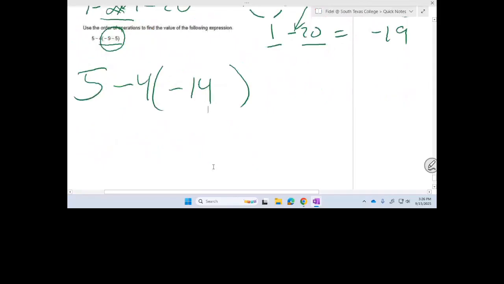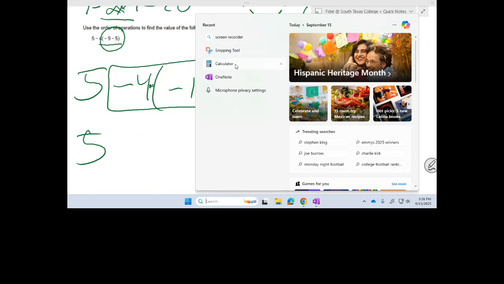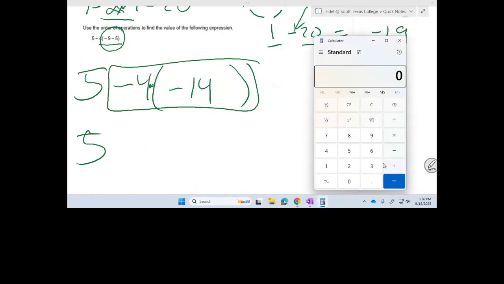Let's scroll down a little bit further, okay? Y'all, do we have any multiplying here? Right there, right? Doesn't that mean multiplying? So I'm going to do that before I do anything else. So I'm going to leave that 5 alone. Okay, look. Let's multiply those numbers. Y'all, you can use your calculator. I'm going to think about that as a negative 4 times a negative 14.